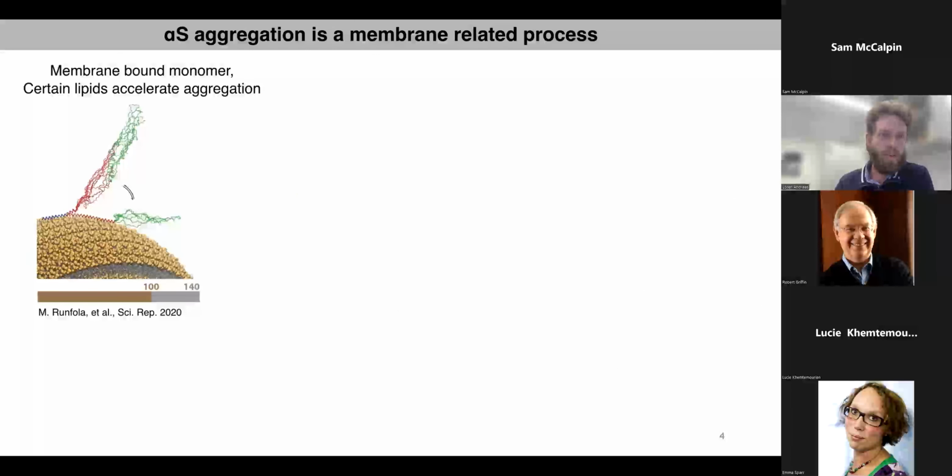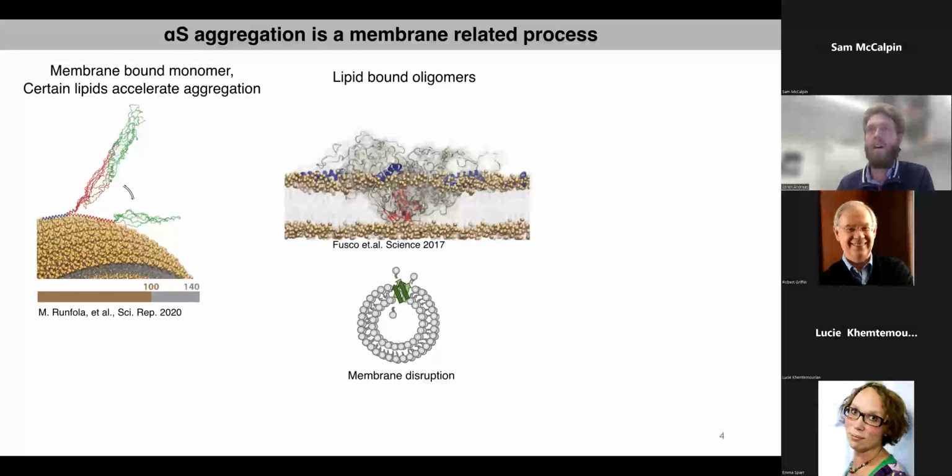So looking in more detail, you see a cartoon representation of these first 100 residues or so forming a helix when they interact with vesicles, and in particular negatively charged vesicles, as we just saw. The oligomeric species of synuclein are particularly difficult to study because of several problems of isolation and size.